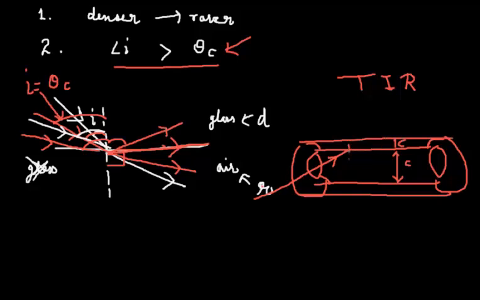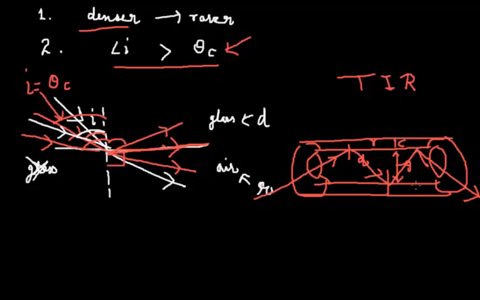So when light strikes the interface, this will be denser, this will be rarer, so it satisfies the property that light ray should travel from denser to rarer medium, and it will come back into the same medium, and then it will strike again here, and then it will go back again. This way light propagates inside the optical fiber, and finally it comes out with minimum loss and maximum energy.